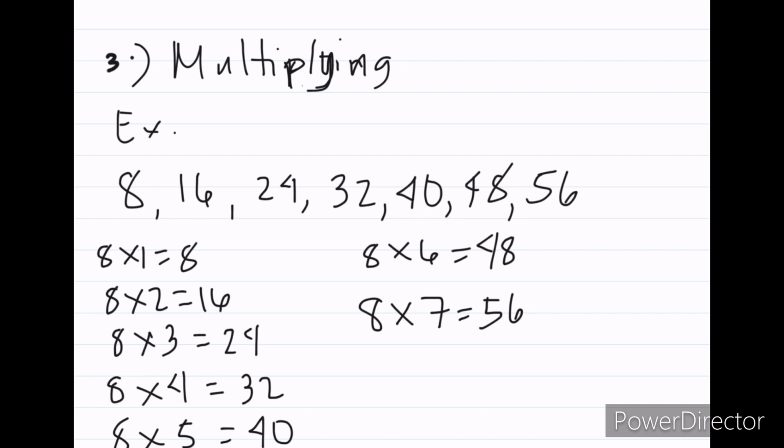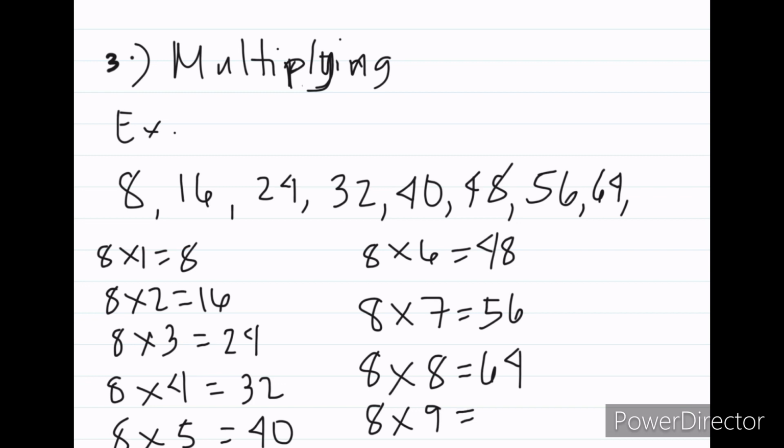After the 7, we multiply 8 by 8, because that's the next number after the 7. So 8 times 8 is 64. The multiple of 8 after 56 is 64. Next, 8 times 9 is equal to 72.